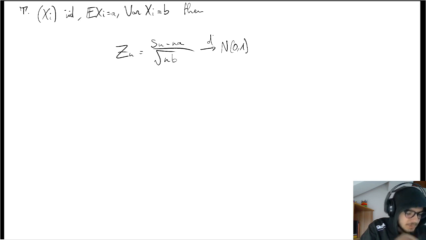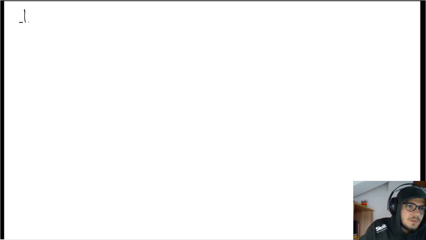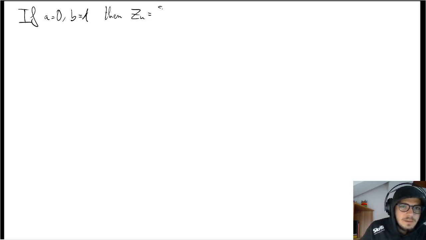Now if a equals 0, b equals 1, so the mean is 0 and the variance is 1, then Zn, which was Sn minus na, na goes away, over square root of n times b, which is 1, so we have this left.